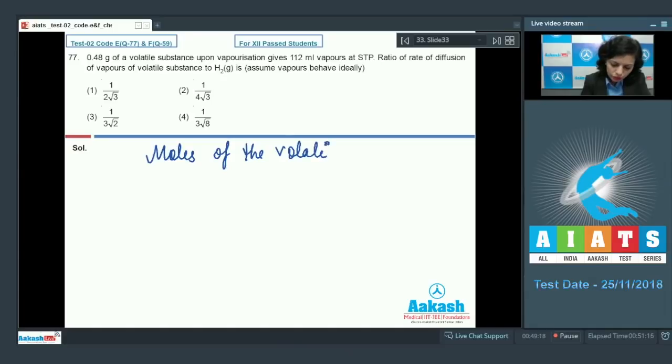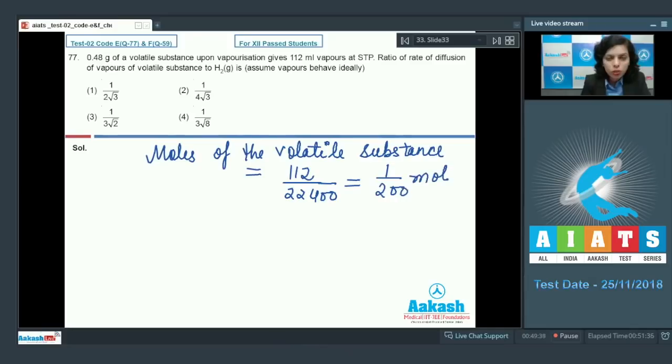the volatile substance. That is equal to the given volume 112 divided by 22400. So the number of moles would be 1 by 200 moles. These are the moles of that volatile substance.